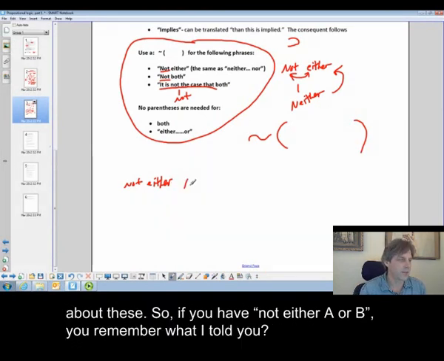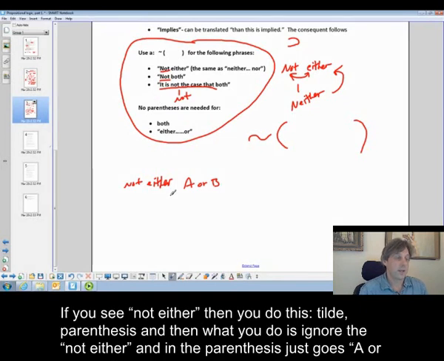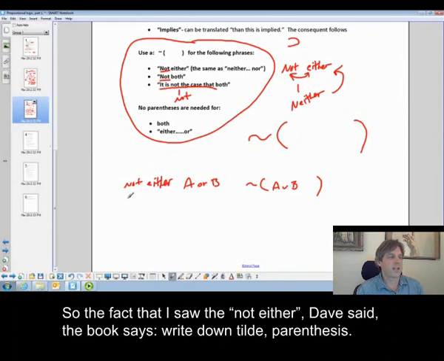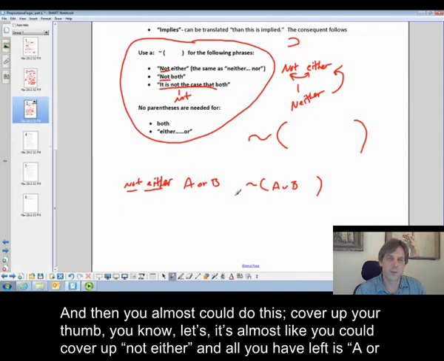So if you have not either A or B, you remember what I told you? If you see not either, then you do this: tilde, parentheses, and then you ignore the not either, and in the parentheses just goes A or B. And if you had A or B all by itself, you would go A, wedge, B. So the fact that I saw the not either, the book says, write down tilde parentheses.